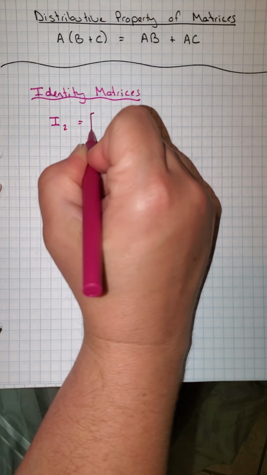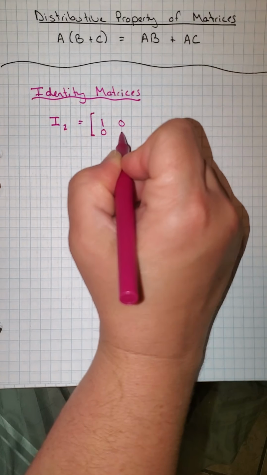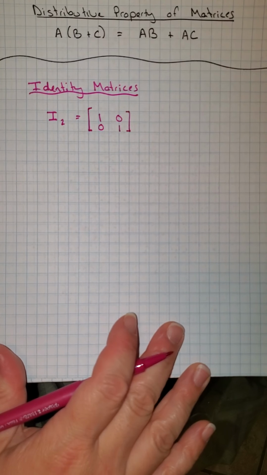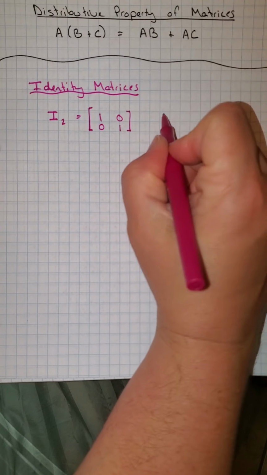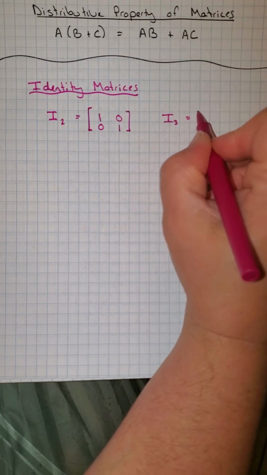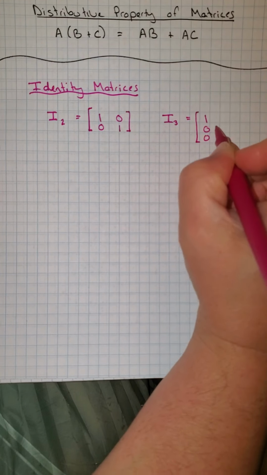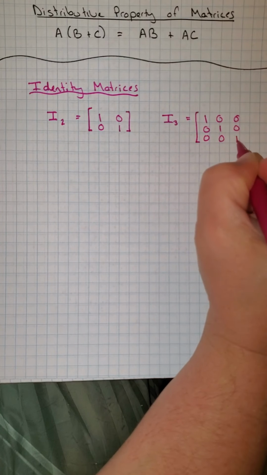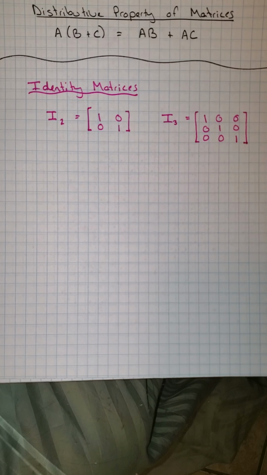And I sub 2 is the matrix 1, 0, 0, 1, like a reduced row echelon, like that, the left half. And then for 3, we are definitely not going any higher than a 3 by 3. Same deal, it's just a 3 by 3. So 1's down the diagonal and 0's everywhere else. Okay, so those are your identity matrices.